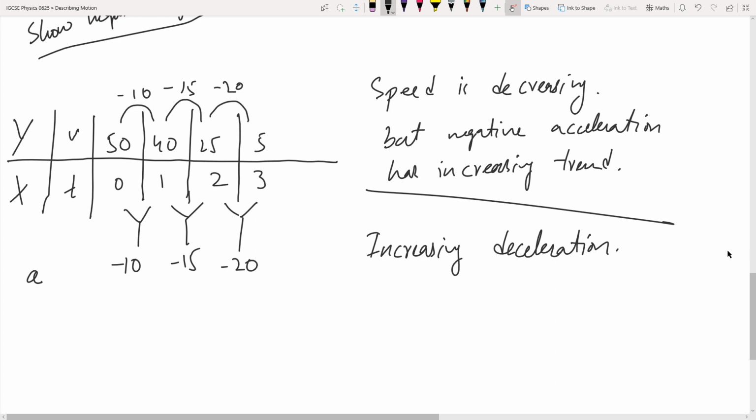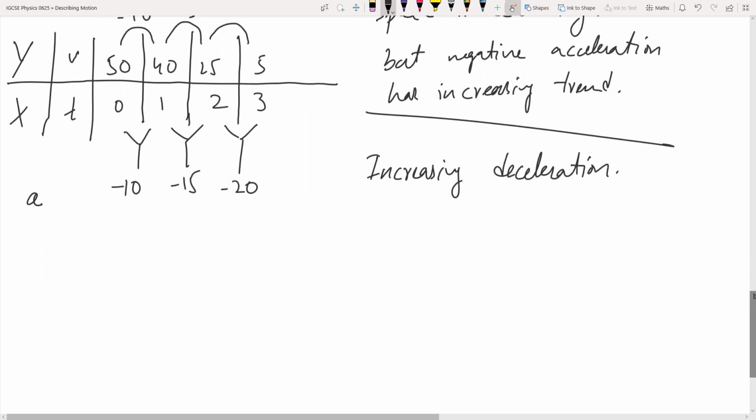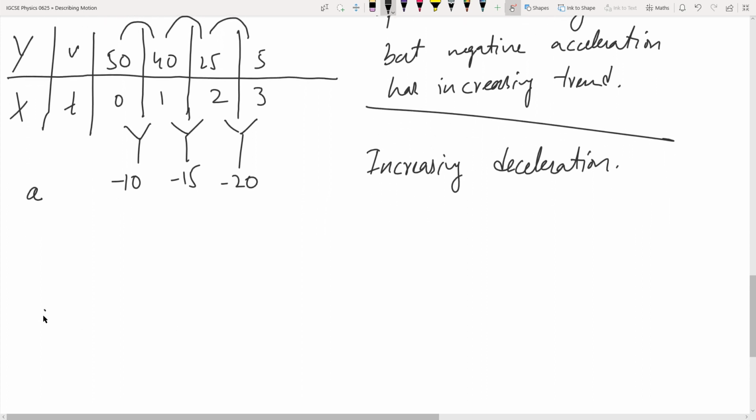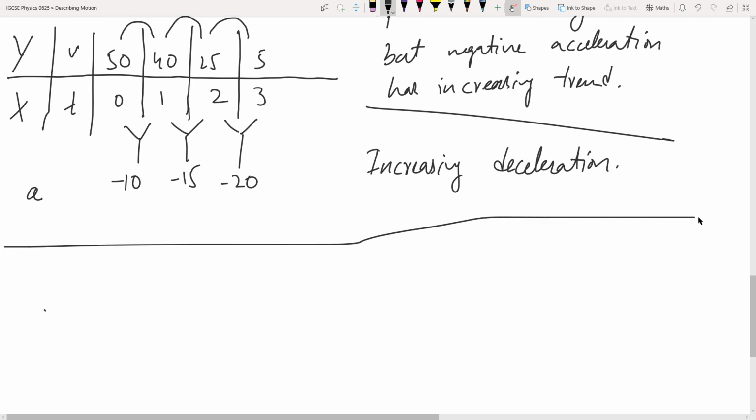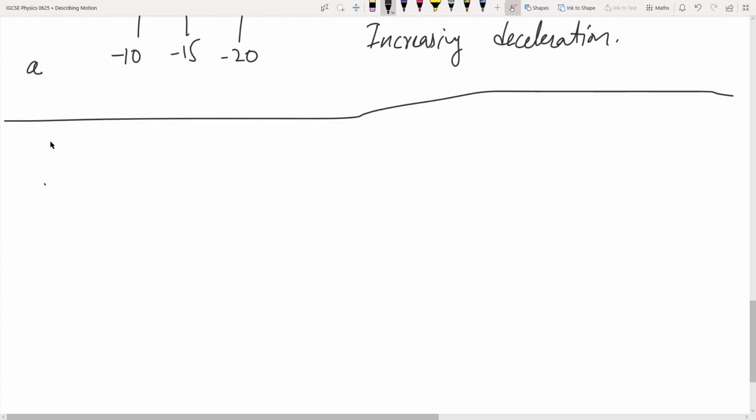And for another case, let's draw a counter case for this. Let's take more values for x and y, and I'm just going to keep this acceleration visible to you. So y and x. Now I'm not drawing the graphs.